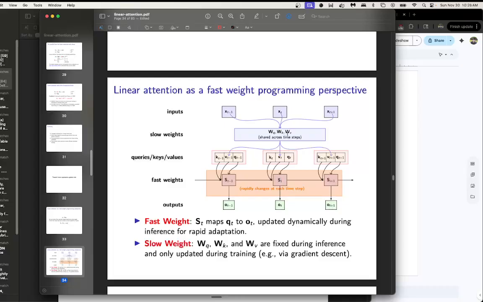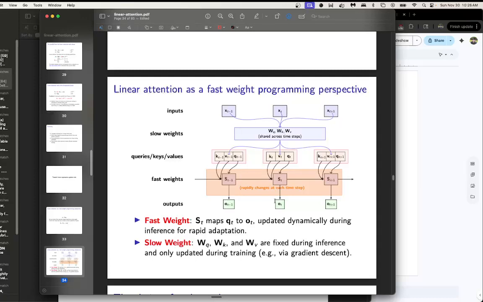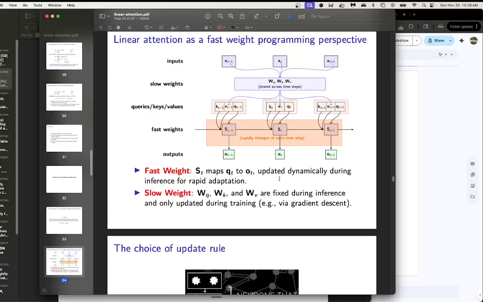It's not really a traditional weight in the sense of model parameters updated via gradient descent, but it is still a projection that we use to compute the outputs of a given layer, right? So it's sort of a quote-unquote fast weight update. It's a weight that is updated fast, at every time step.